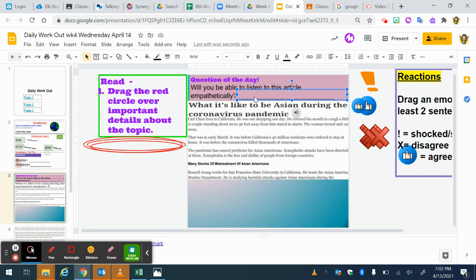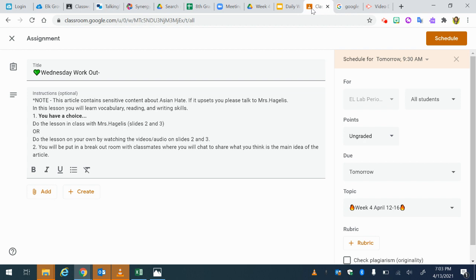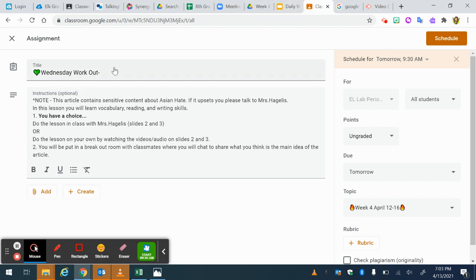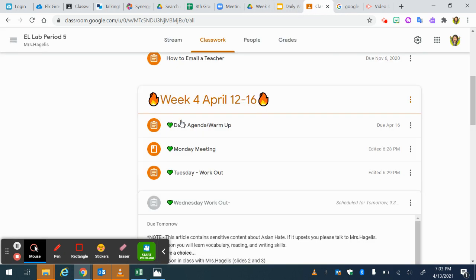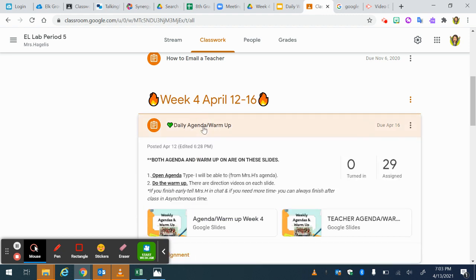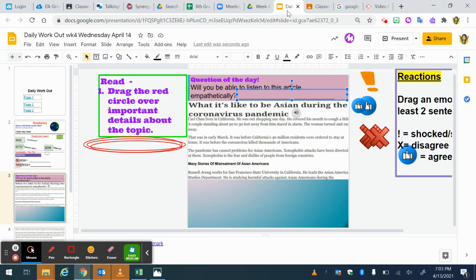What does empathetic mean? If you have been doing your daily warm-up, you'll know that the habit for this week is empathy. So remember, empathy is to listen and try to understand someone else's point of view or understand how someone else feels.